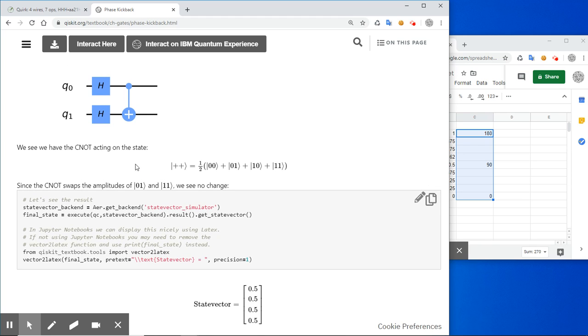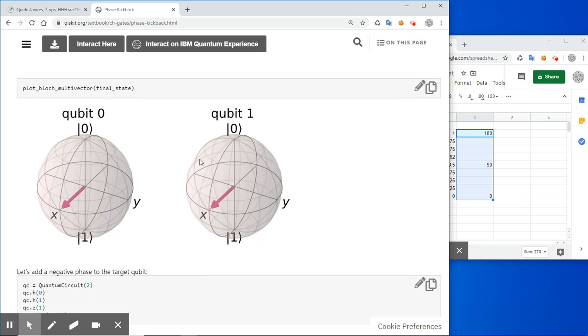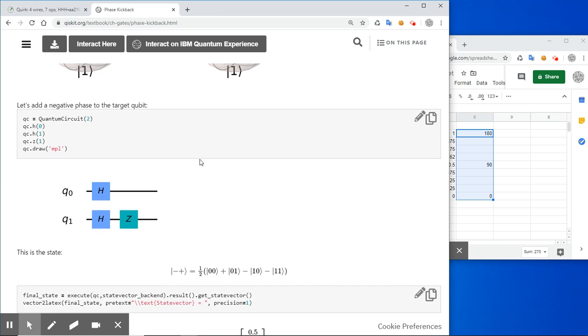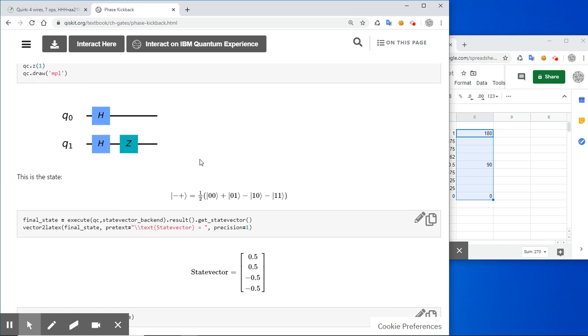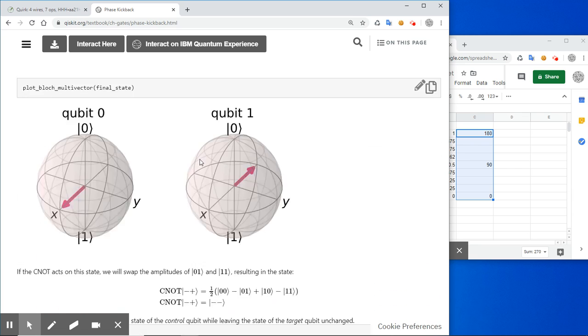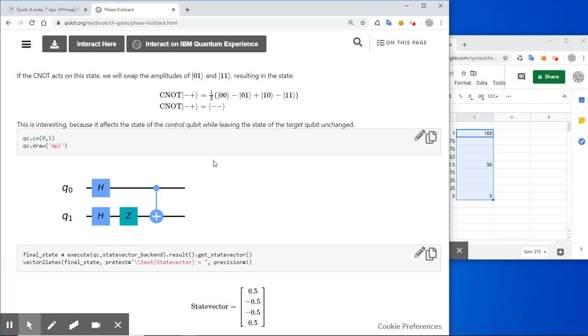We have the CNOT acting on the state. Since CNOT swaps the amplitudes, we see no change. Okay, let's add a negative phase to the target qubit. If the CNOT acts on this state, we'll swap the amplitudes. This is interesting because it affects the state of the control qubit while leaving the state of the target qubit unchanged.